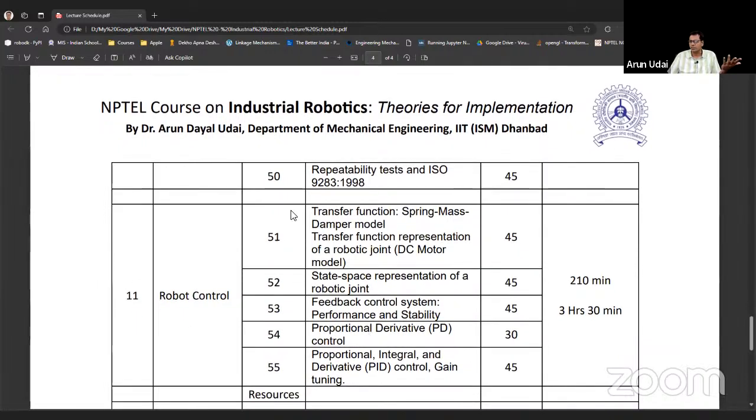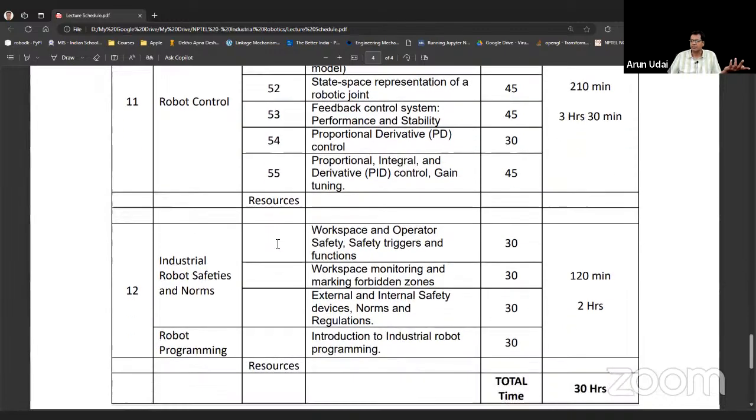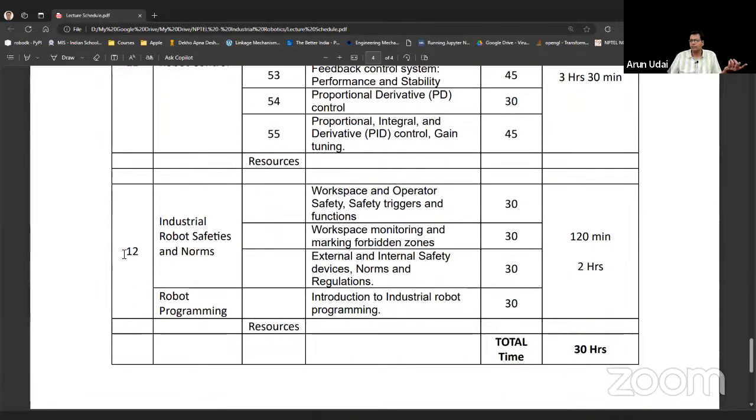Robot control is there in the syllabus, quite common, so it will help you get through any competitive exam or standard UG PG exams. Again, this is part of the standard syllabus. Finally, we'll be ending with industrial robot safeties and norms.